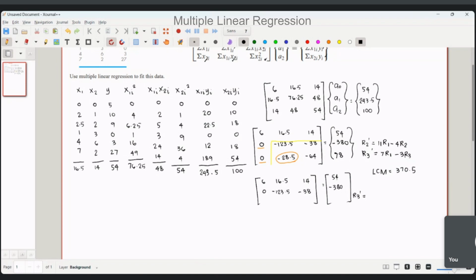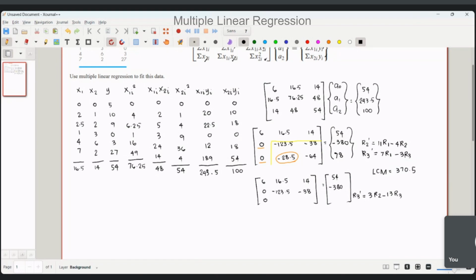Okay. So that's 370.5. So the equation is 3R2 minus 13R3.